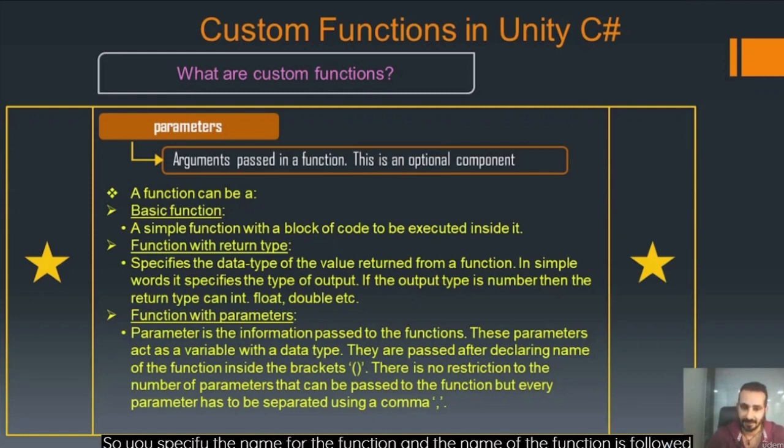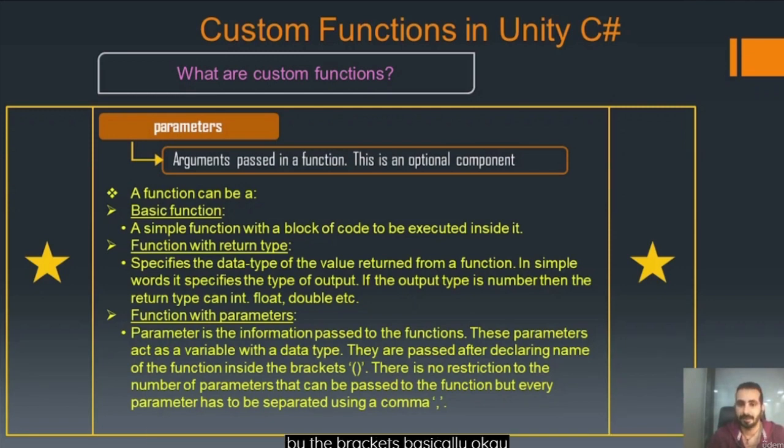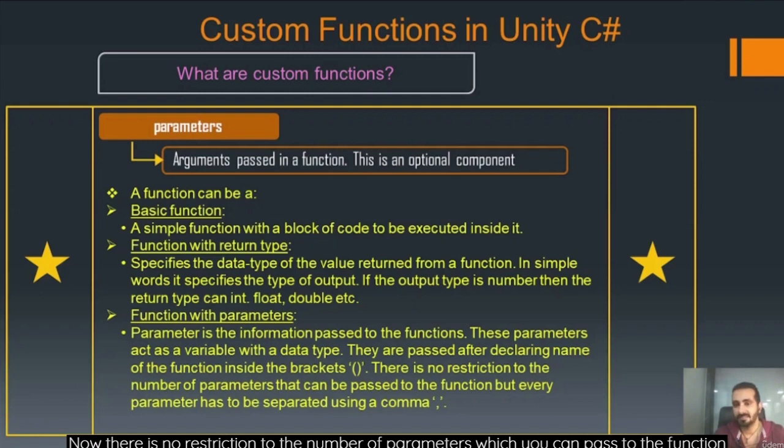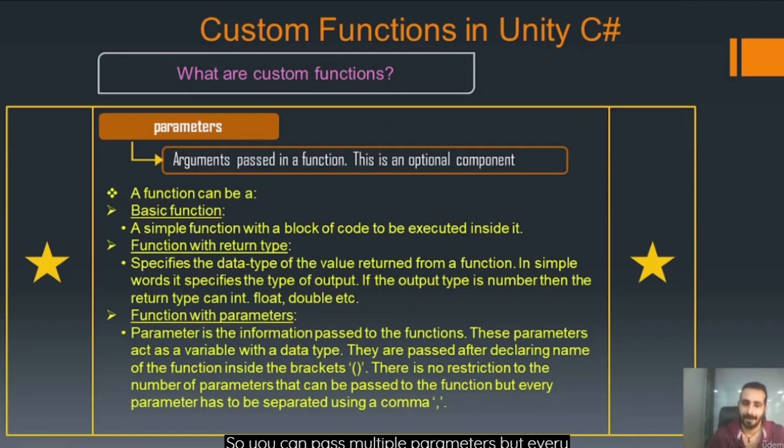So you specify the name of the function, and the name of the function is followed by the brackets basically. Inside these brackets, you declare these parameters. Now there is no restriction to the number of parameters which you can pass to the function, but every parameter has to be separated using a comma. So you can pass multiple parameters, but every parameter has to be separated by a comma.